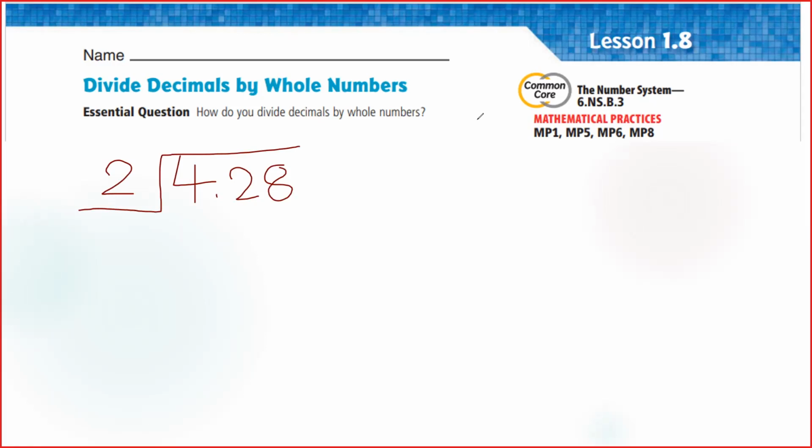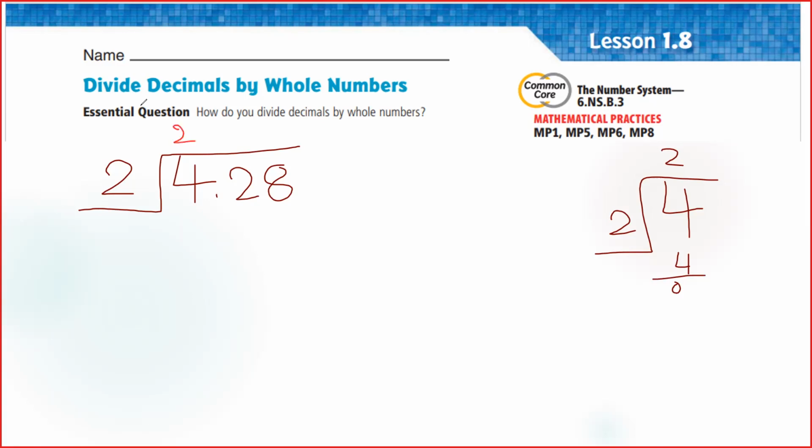Here we have the same. How can I estimate 4.28 into 4? Just say it's 4. Then divide by 2. It's 2. Exactly. And here it is 4. So this 2 can help me now to start my division.